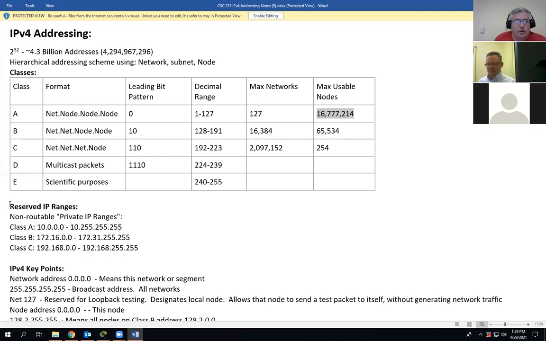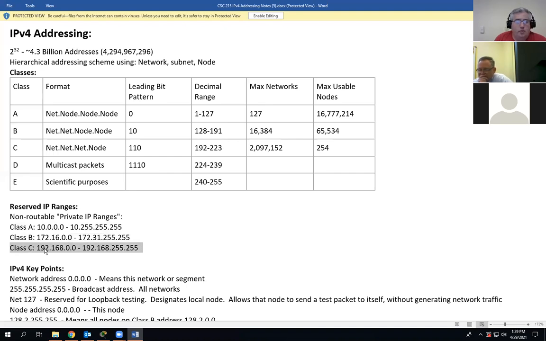So here in the private ranges, we have a Class A private range of 10.0.0.0 up to 10.255.255.255. And then Class B, 172.16, and Class C, 192.168.